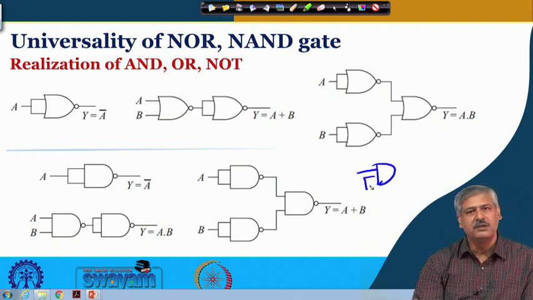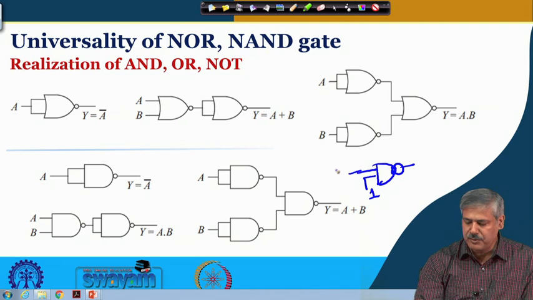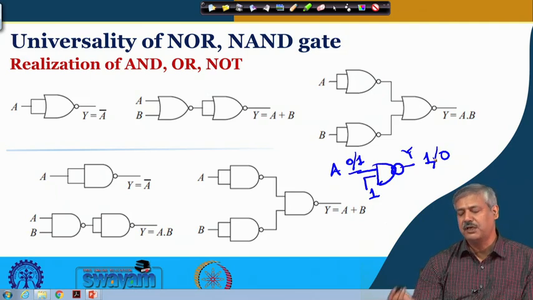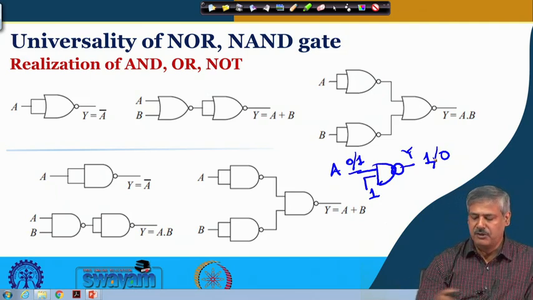The other option is non-forcing input for NAND gate is 1, right. So, if you give this as A and this is the corresponding output, if this is 0, 0, 1, output will be 1, right. If it is 1, 1, 1, output will be 0, right. So, you get the inversion for some such arrangement as well, right.